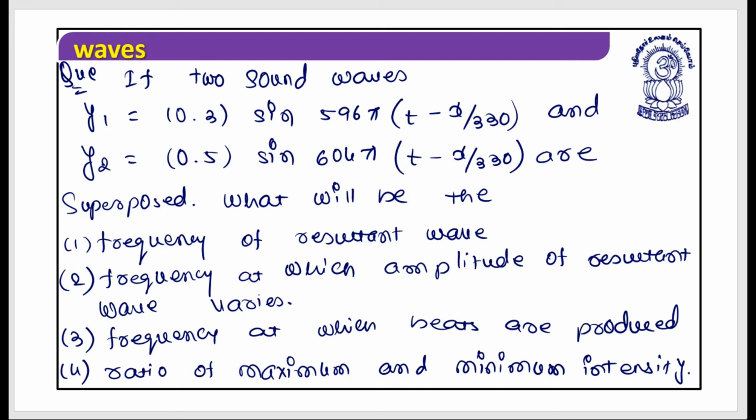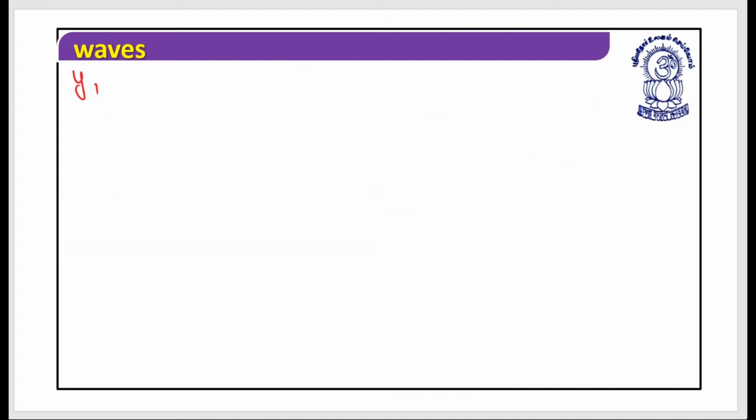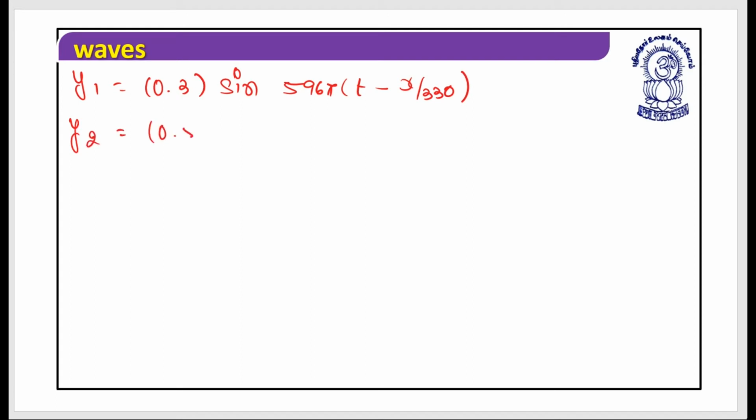So how will we do this? Let's see the relations again: y1 is equal to 0.3 into sine of 596 pi into bracket t minus x by 330, and y2 is equal to 0.5 sine 604 pi into bracket t minus x divided by 330.